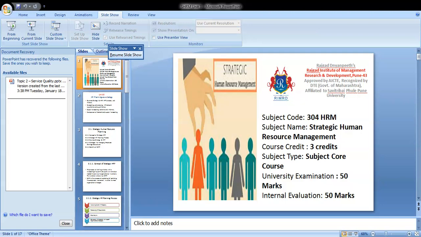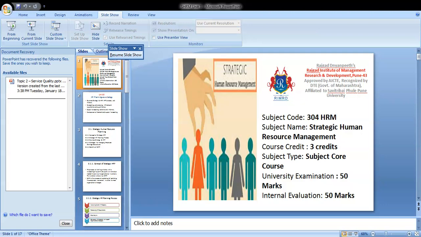So under this strategy, organization can also use external sources to gain expert personnel. Okay, for example, merger or acquisition of another organization will help the organization to achieve its goals.